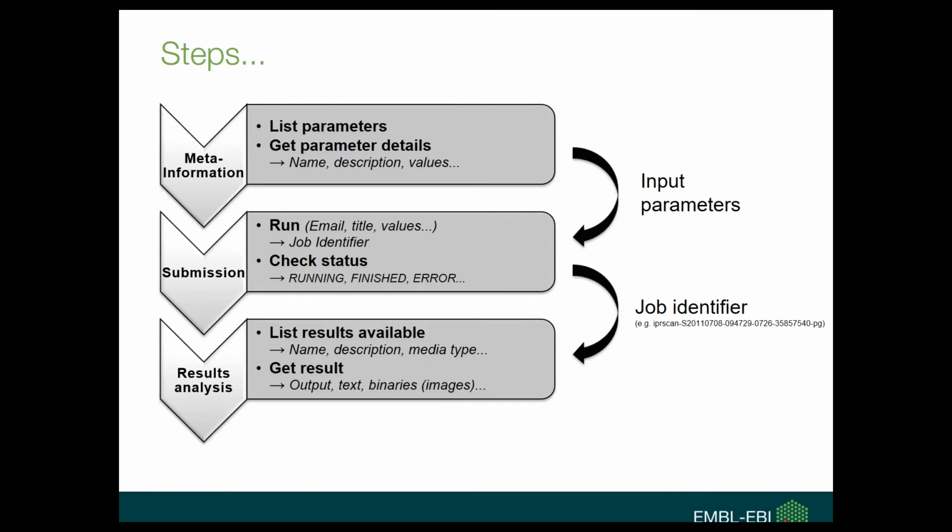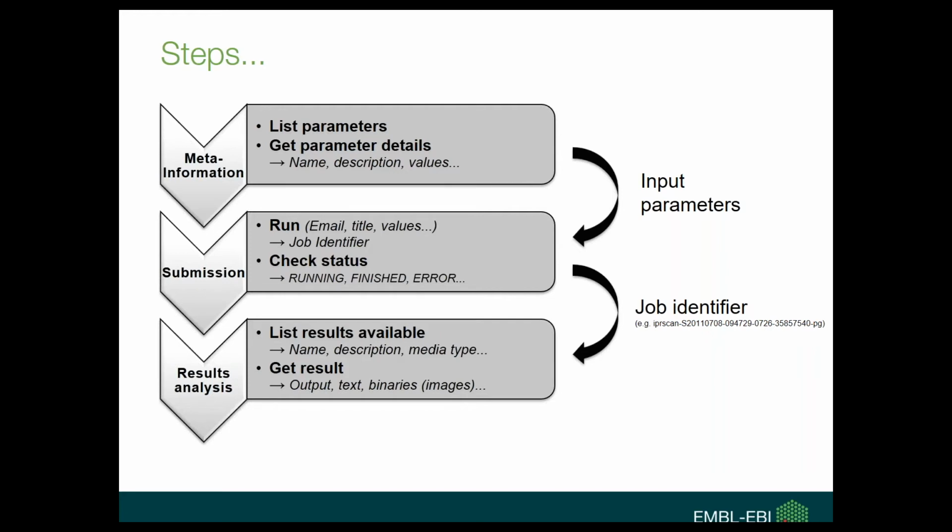So if we want to distill the whole process down, there are 3 general steps to looking at tools and services programmatically. The first thing is to just query and find out what the terms are, what the steps are that we need to do. So you might want to list the parameters, get the parameter details. Once you know that, you can run a job using the input parameters.